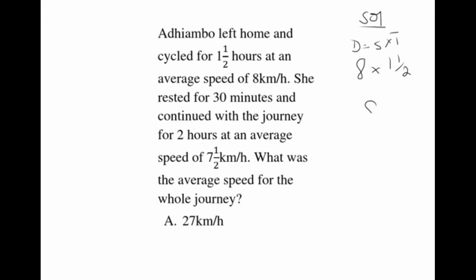Therefore, we have 8 times, change this into improper fraction, it will be 3/2. We can simplify by 2: 1, and 8 divided by 2 is 4. Therefore, our distance is 12 kilometers.